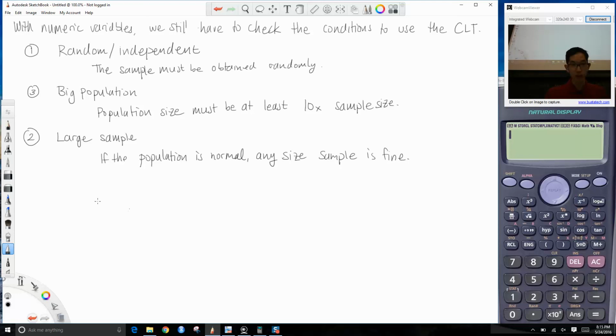But if the population is not normal, so either skewed or something like that, then the sample size must be bigger, okay?